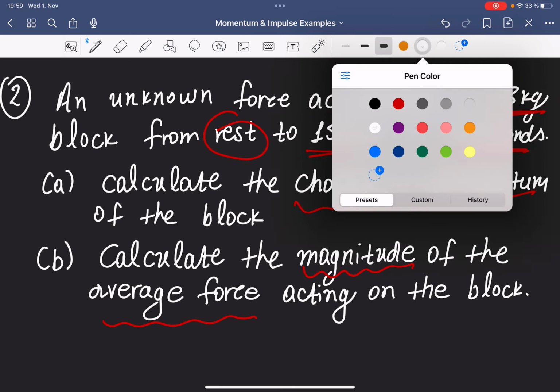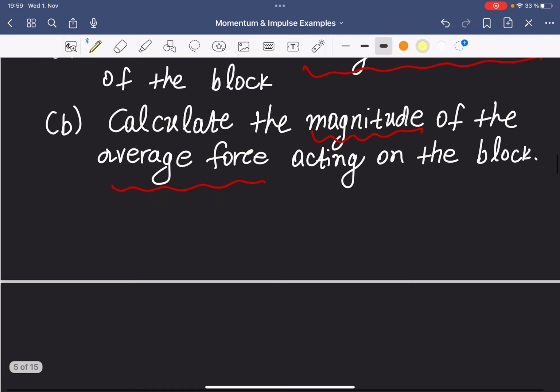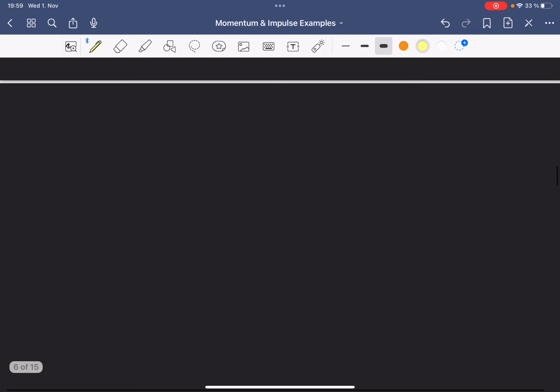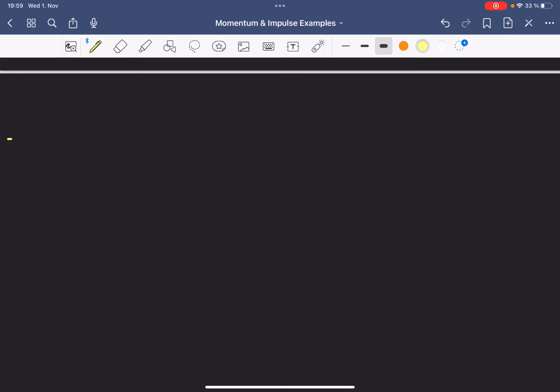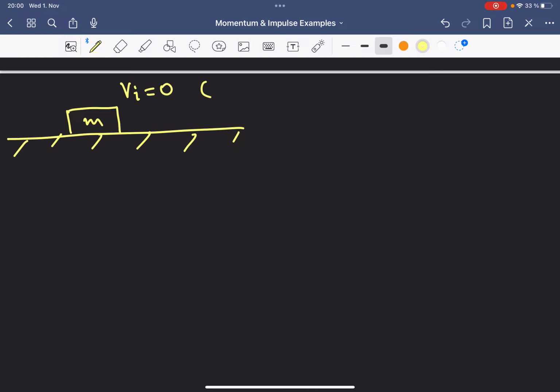Let's see if we can draw something to help us understand what's happening. So we have this block of mass m, which is not moving, because it's at rest.